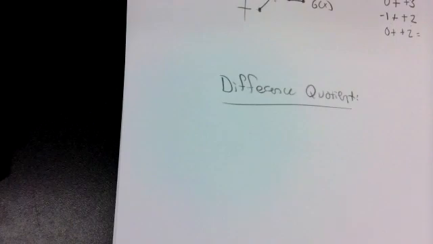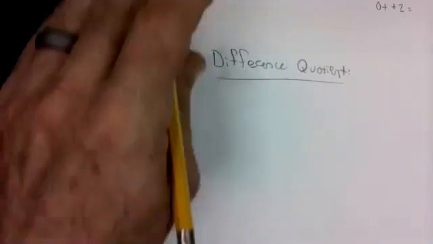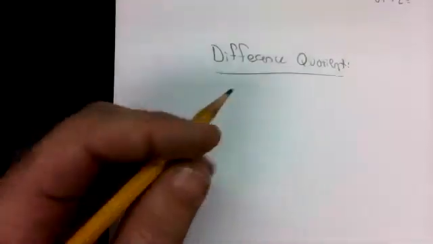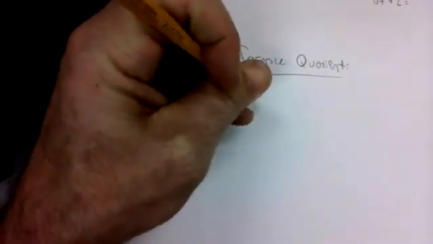It's a way to find the slope of a secant line. Anyway, there's lots of math that goes along with this. So somebody didn't just make this up. I'm not doing this just for fun. This actually is something, but it's primarily for later classes. Like if you get into calculus or some upper level math courses, they can have you figure this stuff out. So this is just an introduction to what the difference quotient is.